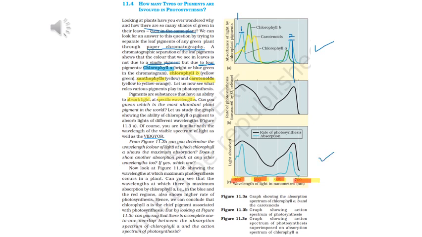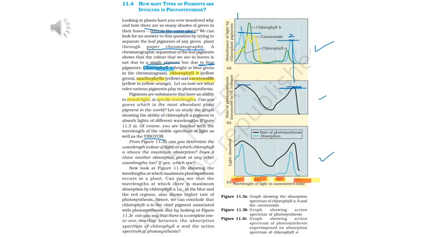Can you see that the wavelengths at which there is maximum absorption of chlorophyll a, that is blue and red regions, also show a higher rate of photosynthesis. Hence, we can conclude that chlorophyll a is the chief pigment associated with photosynthesis.